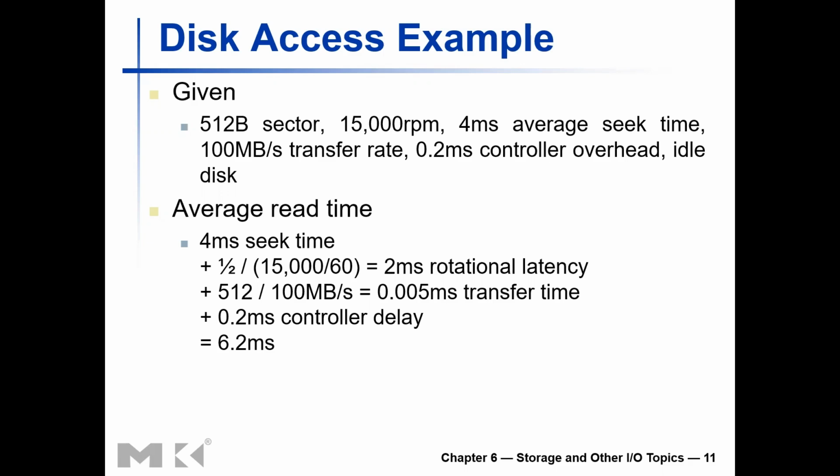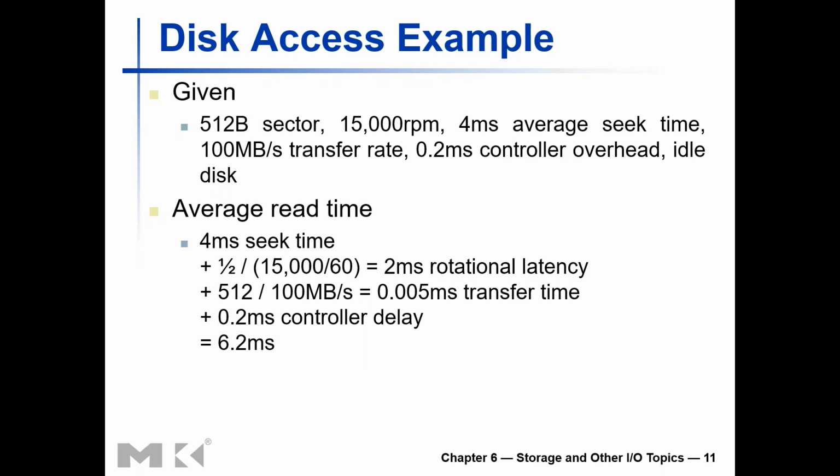Okay. So the average read time is derived as 4 millisecond seek time plus half rotation at 15,000 divided by 60, because it is given in minutes, we need to compute into seconds. And why do we say half? The disk can be rotated either way, so we choose the closest path.